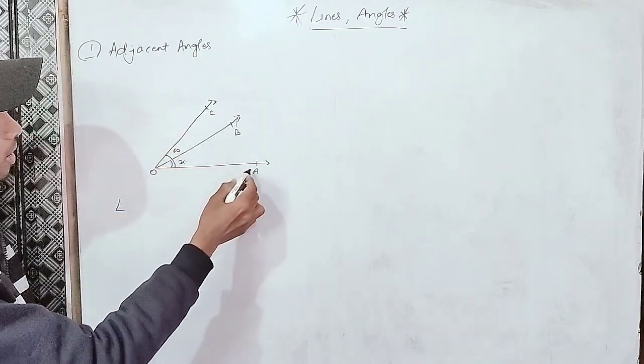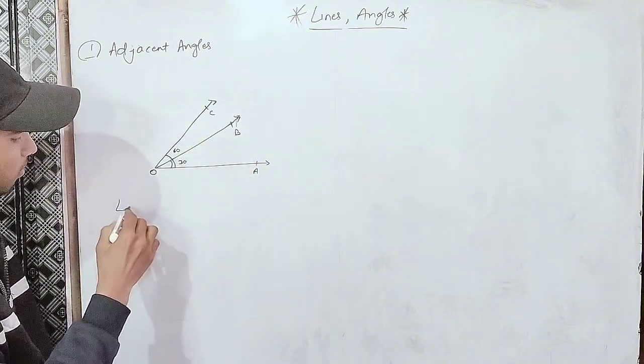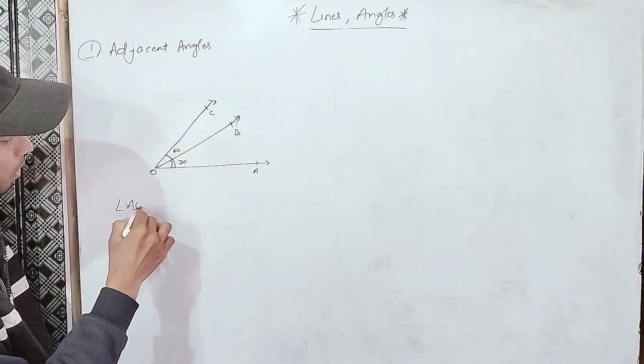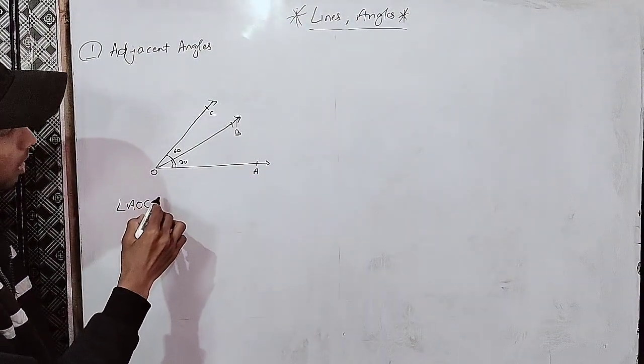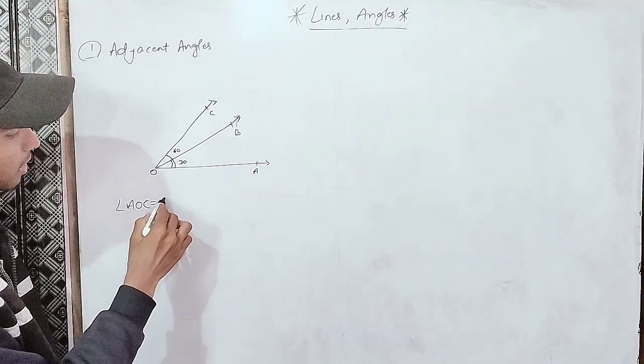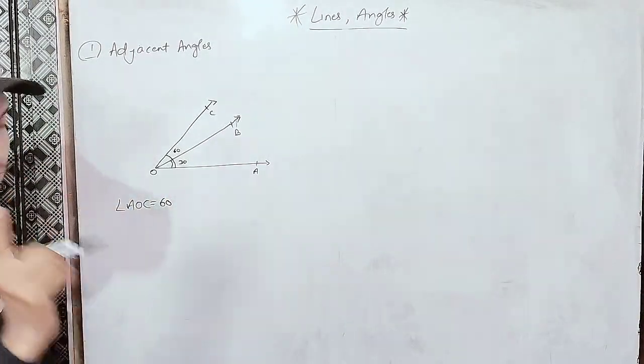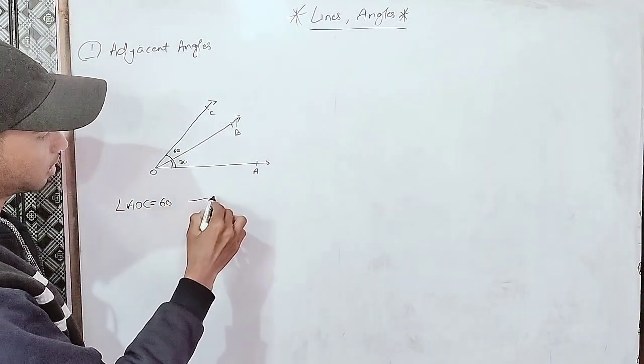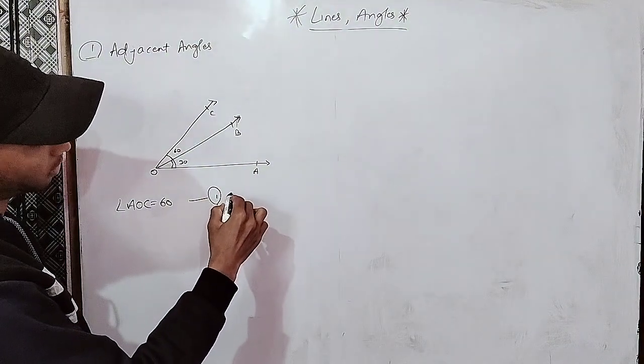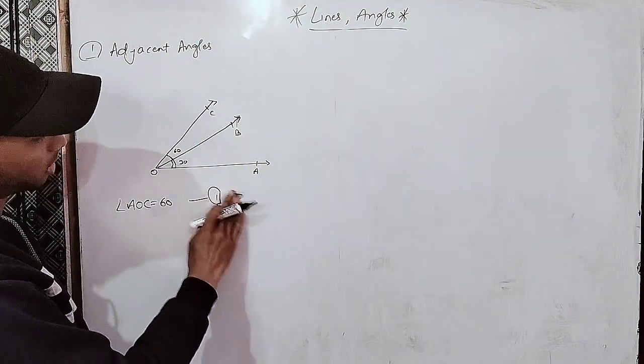Angle AOC, otherwise you can say COA, which is with a 60 degree. This is the first angle.